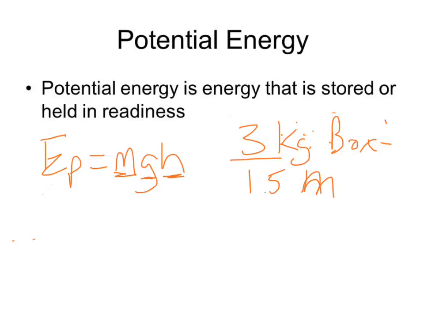Well, we have a mass, which is 3, we have a height, which is 1.5 meters, and we know that g is 9.81 meters per second squared.